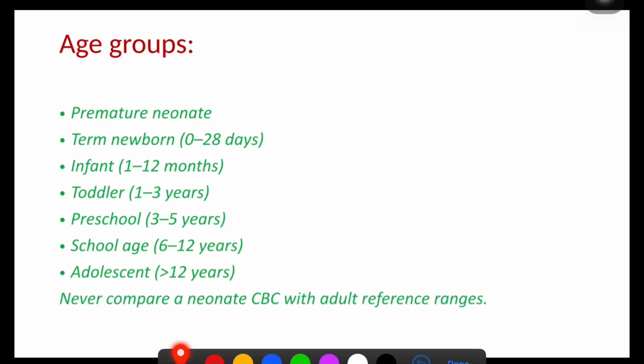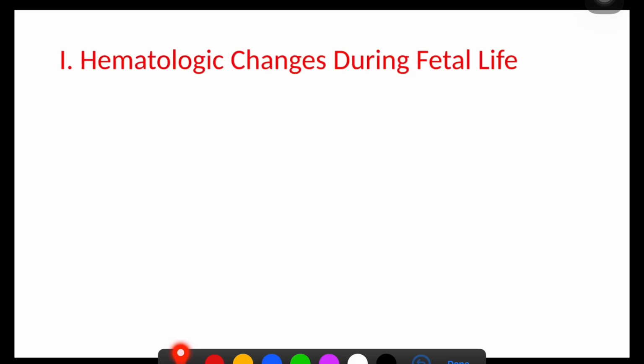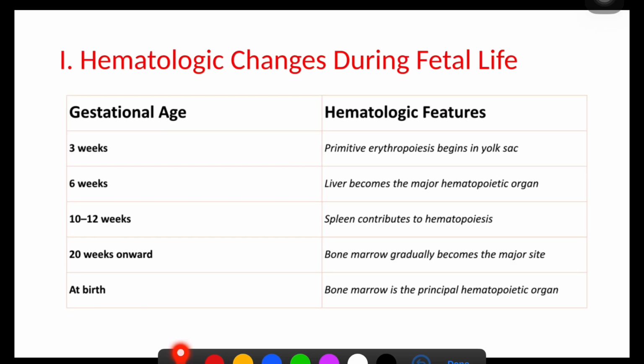So, never compare a neonate CBC with adult reference ranges, because we have adult reference ranges in our cell counters.